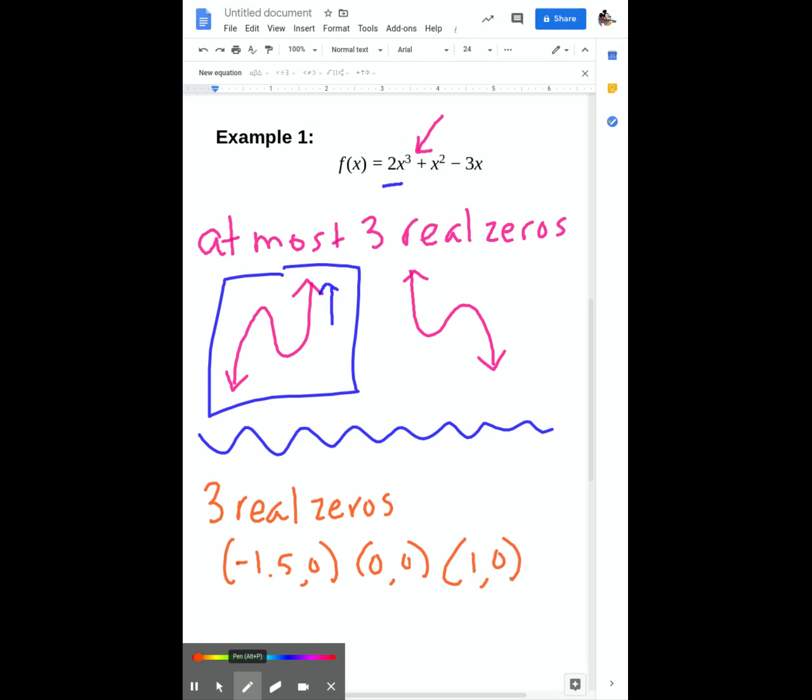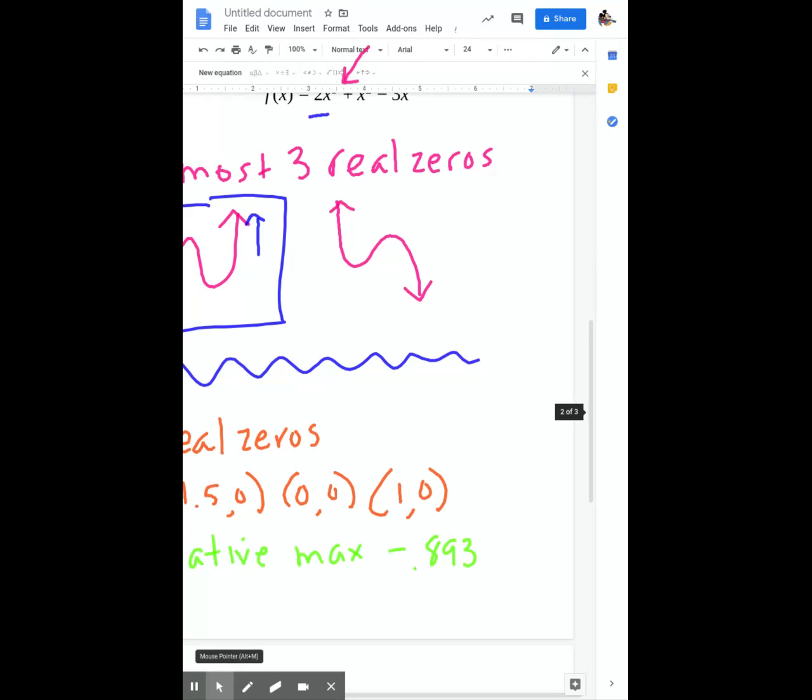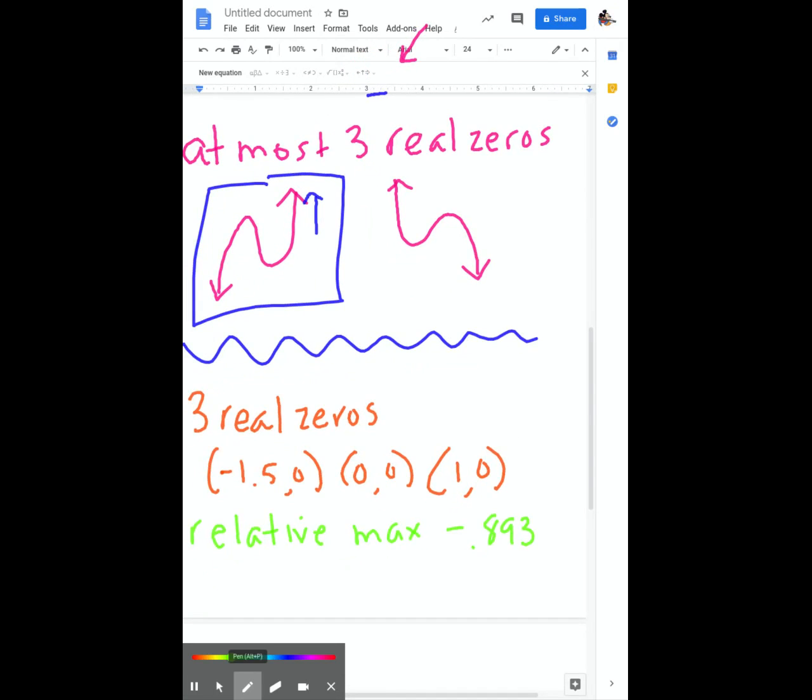And I found a relative max at about negative 0.893, and my relative min at about positive 0.56. So there's my first equation.